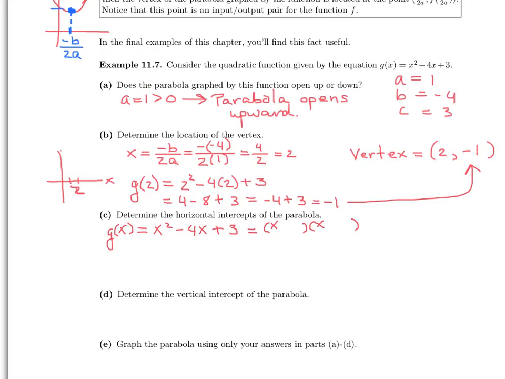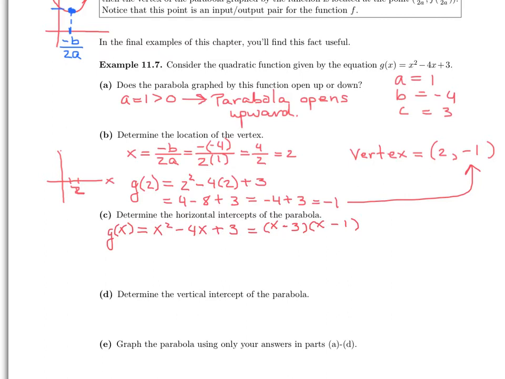The factored form for this function is x minus 3, x minus 1. You can check. Negative 3 times negative 1 gives a positive 3. When you add negative 3 and negative 1, you get a negative 4.